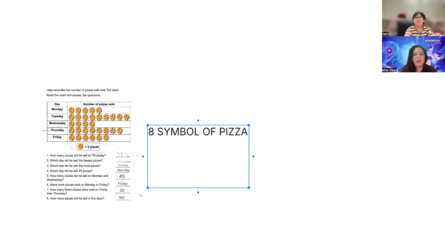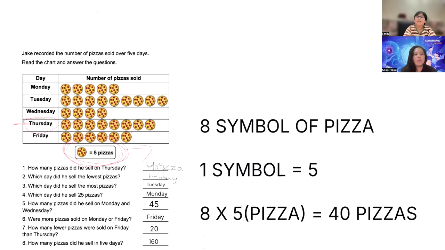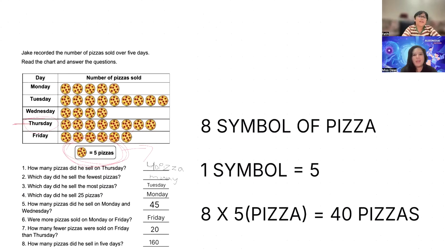Yeah, 5 pizzas for each symbol. Equal how many, Fatih? 40 pizzas. So you got the correct answer. Hooray! Let's put the star here. Good job. Nice one, Fatih. Let's put the color. Okay, here you go. Nice one. Fatih, you're really doing a good job for number 1.